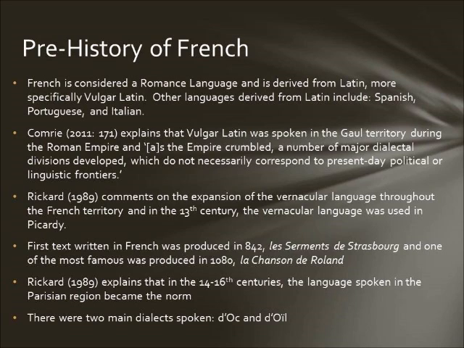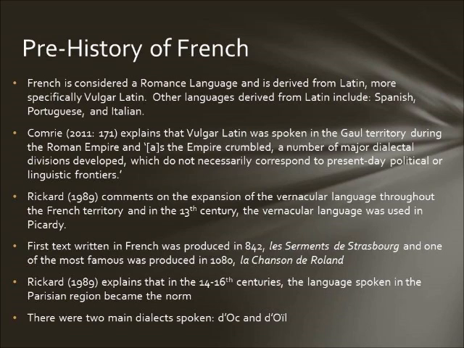So looking a little bit at the prehistory of French, French is considered a Romance language, and other languages that fall in this category include Italian, Portuguese, and Spanish. And these languages are derived from Latin, but more specifically from Vulgar Latin. And no, I don't mean swear words in Latin, I mean popular Latin, the language that was spoken by the people. And as I said, other languages are derived from Latin.